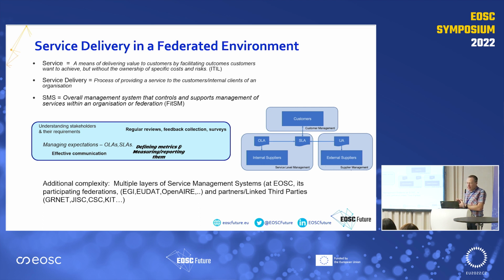So there are lots of different aspects of service delivery: understanding who the stakeholders are, what their requirements are, and trying to encapsulate those requirements as expectations, which are written in formal agreements, operational level agreements, service level agreements, with regular reviews of these agreements, understanding whether the agreed target levels are being met, or if not, why they weren't met, and what we can put into place to ensure that they are met in the future where possible.